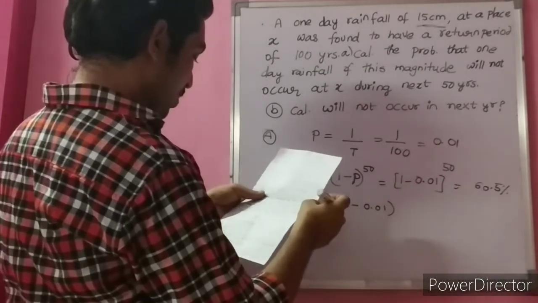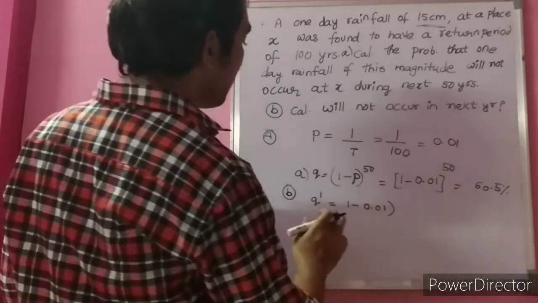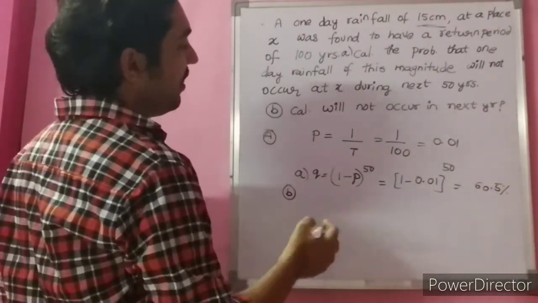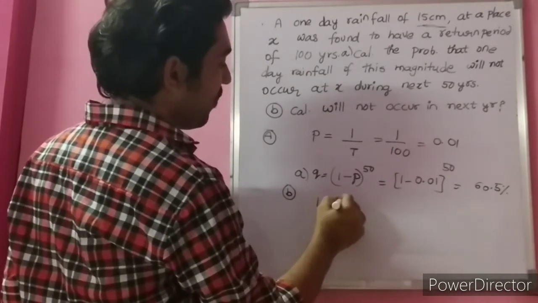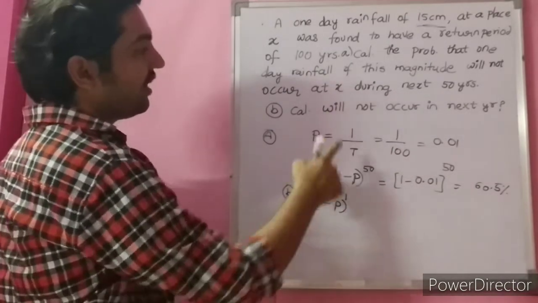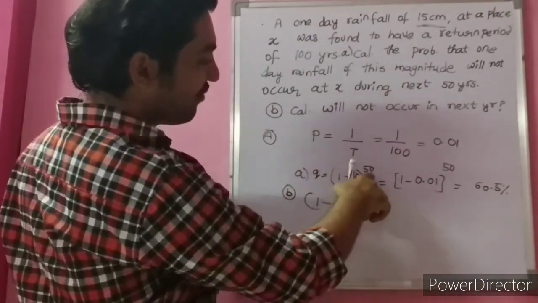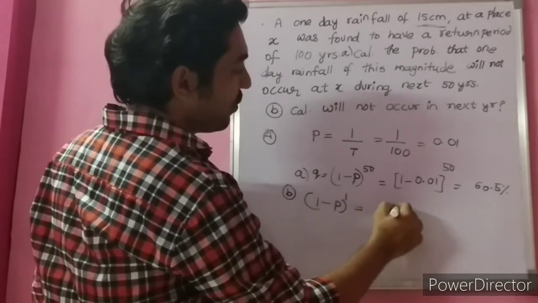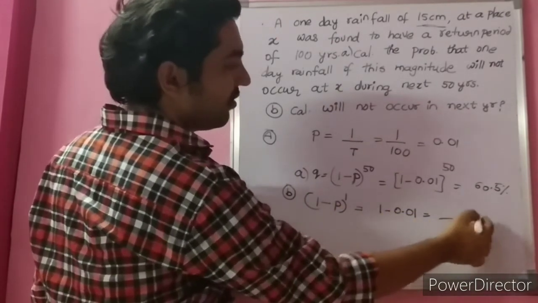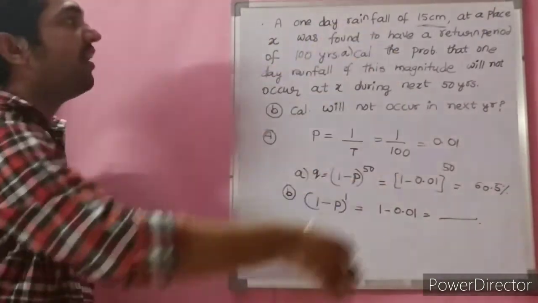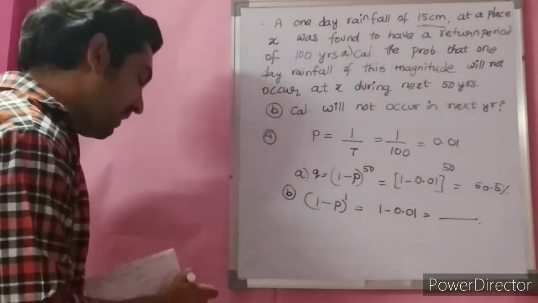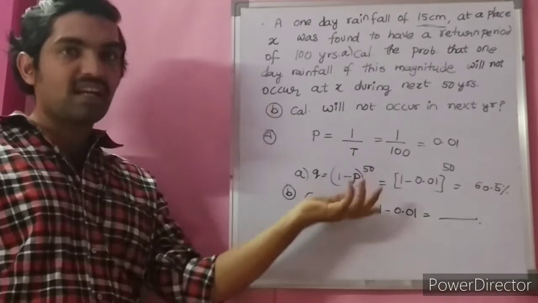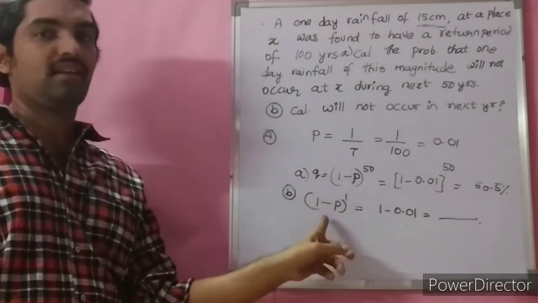It will not occur in the next year only, so it is (1 minus P) whole power 1, that is 1 minus 0.01. For 50 years it is (1 minus P) whole power n. Solve yourself. So the first question was the probability it will not occur in the next 50 years, and this one is the probability it will not occur in the immediate next year, which means 1 year only. You should take 1 year.